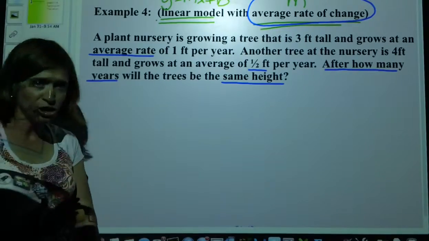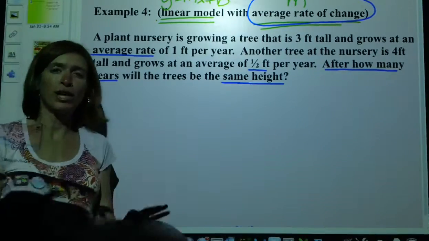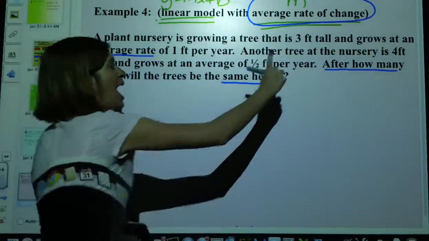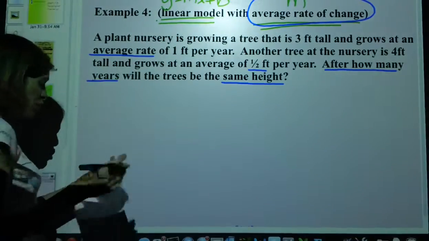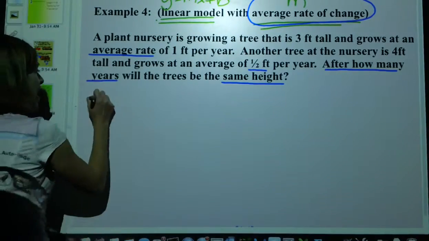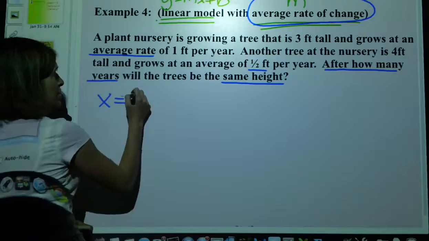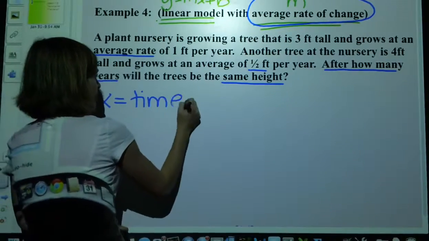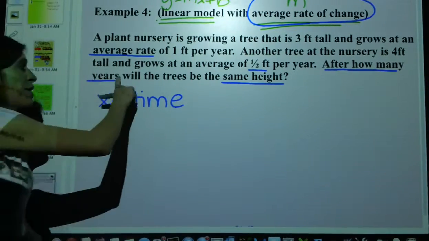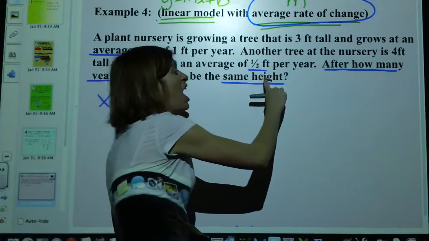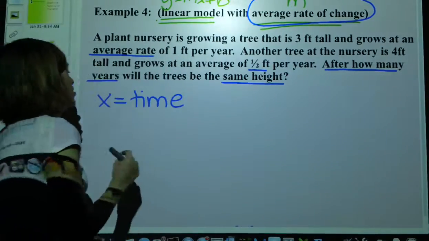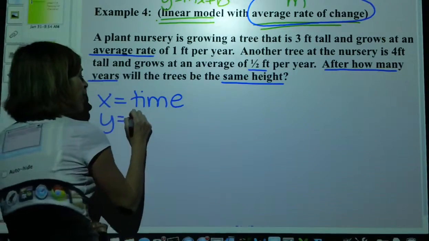So the question, just like when we did earlier, the question tells me my variables. After how many years? So we're going to let x equal time. Okay? Will they be the same height? So we're going to let y equal the height of the tree.